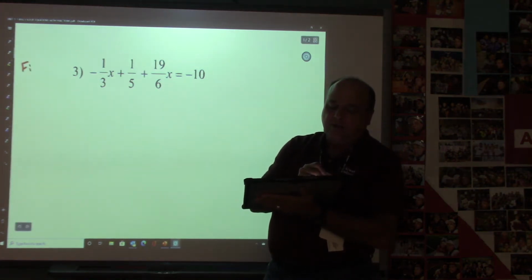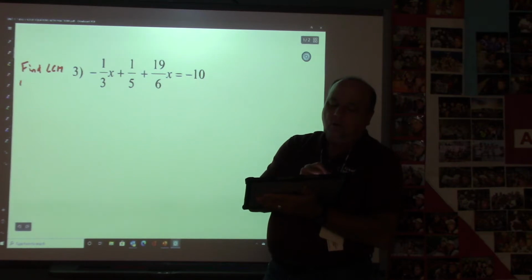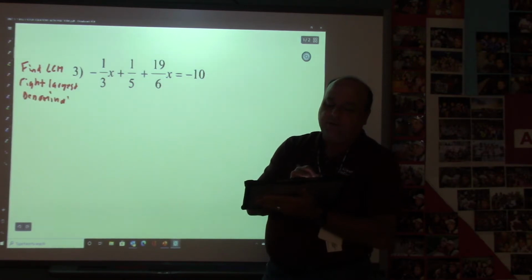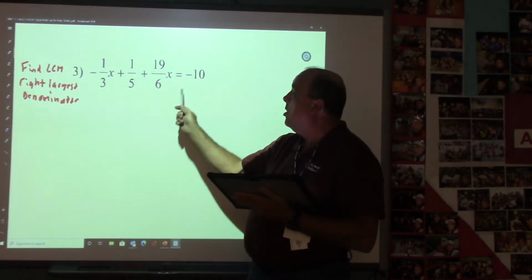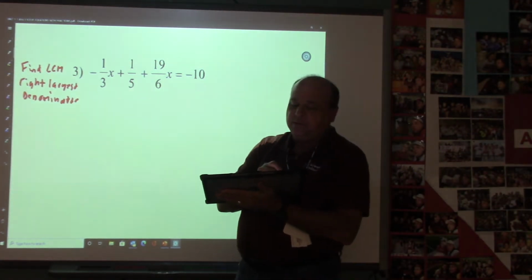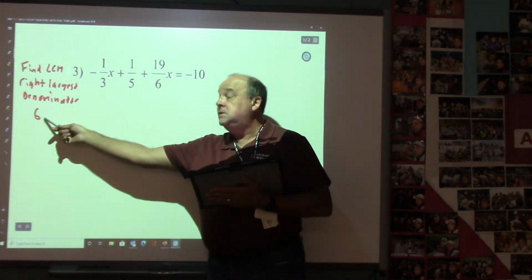Write down find LCM. If you don't know how to do this, then write largest denominator. If you can't figure it out, this is how you do it. Hopefully there's a lot of y'all that know what the common denominator is. Our largest denominator is 6. Does 3 go into 6?